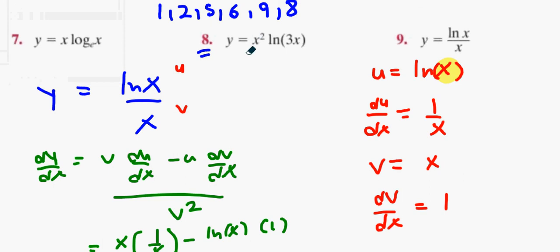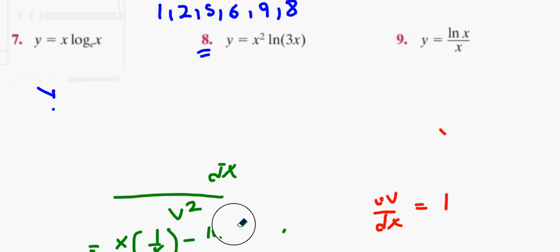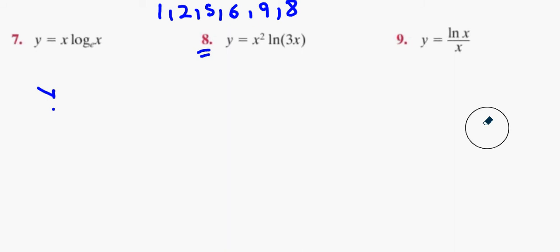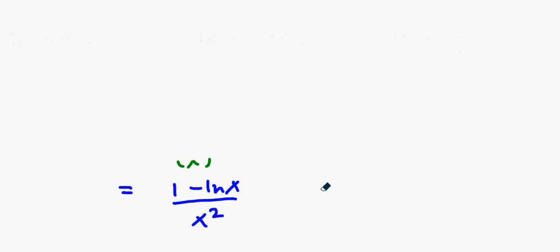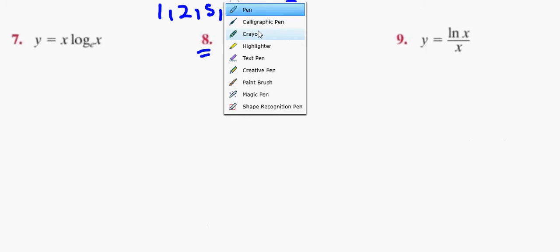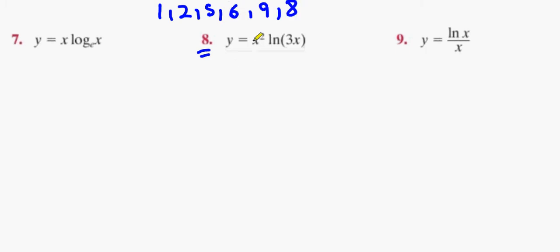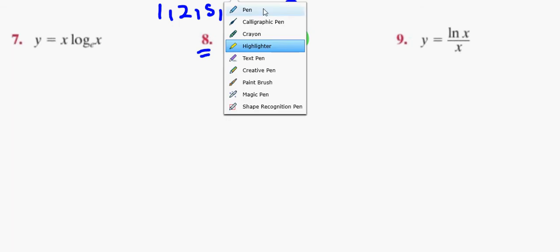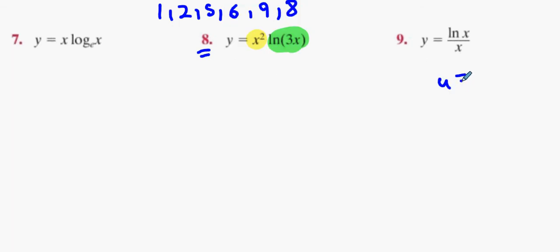Alrighty. So what we're hoping you did here was you identified it as the product rule, where that's u, that's v. Okay, you went over here and you said u equals x squared, du/dx equals 2x.